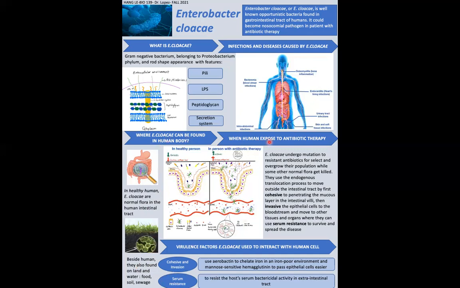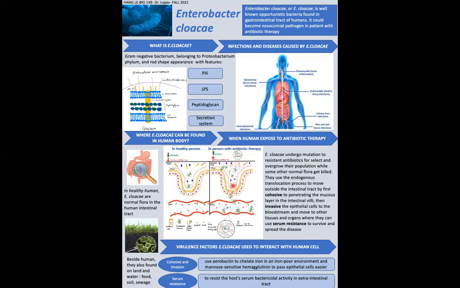However, when a human is exposed to antibiotic therapies, like you see in this picture, a lot of antibiotics will kill a lot of other normal flora in the intestinal tract. However, Enterobacter cloacae will undergo mutation to become resistant to antibiotics, for over-selection and overgrowth of their population. They then use the endogenous translocation process to move out of the intestinal tract.